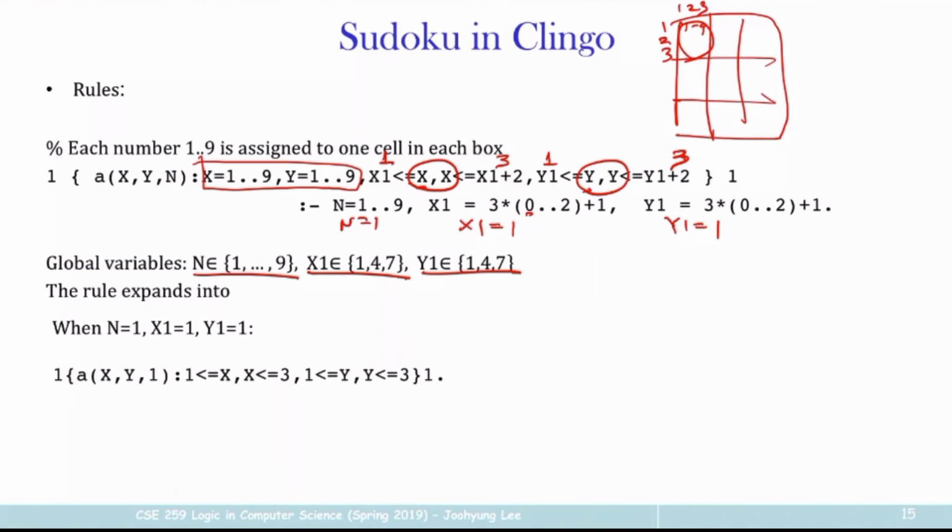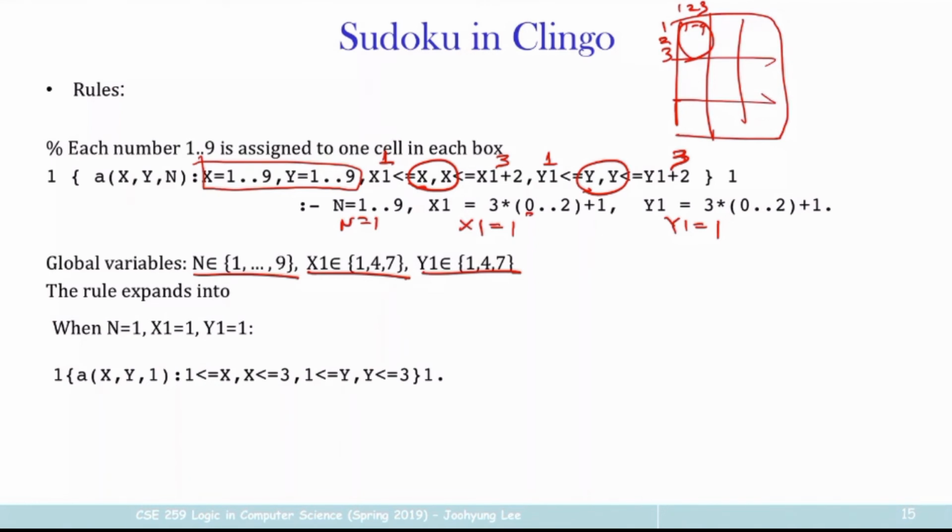So you have to find exactly one position to put digit 1. And this will be repeated with different values of n. When n equals 2, again, you're putting digit 2 in the first box. Same for 3, 4, 5, 6. So when x1 equals 1 and y1 equals 1, and n goes from 1 to 9, this means that for each value of n, put it in the first box.